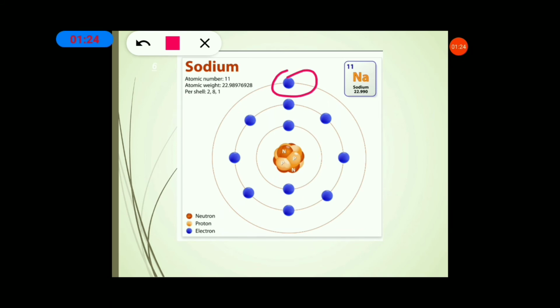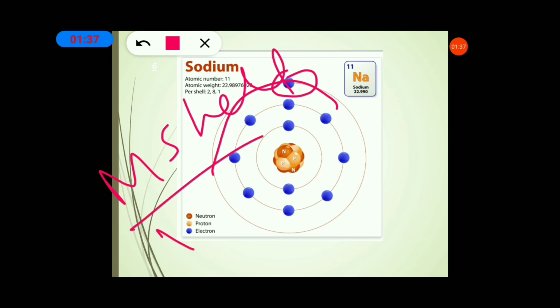So how many electrons are there in the outermost shell? Only 1 electron. So we say 1 is the valence electron, and the M shell, the last shell, is the outermost shell. So it is called the valence shell.